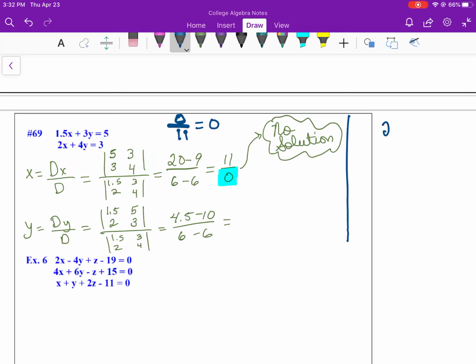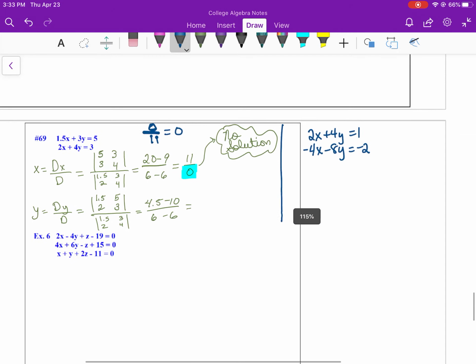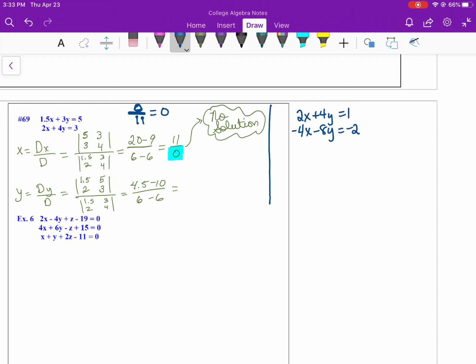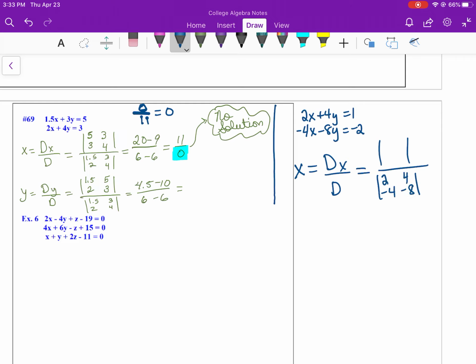So if you had 2x plus 4y equals 1, and say negative 4x minus 8y equals negative 2, what happens when you do Cramer's rule on this problem? Let's just look at x real quick. So Dx over D. 2, negative 4, 4, negative 8.